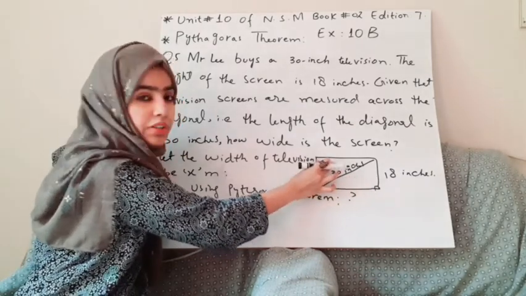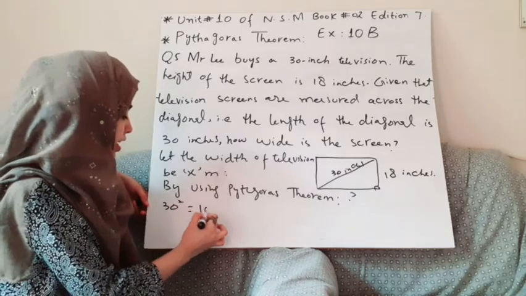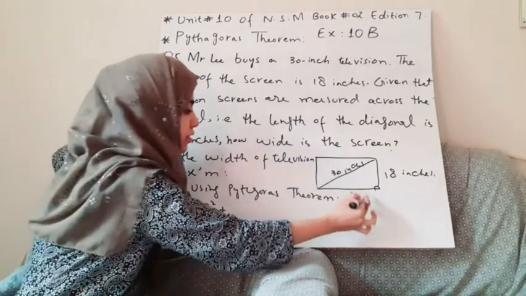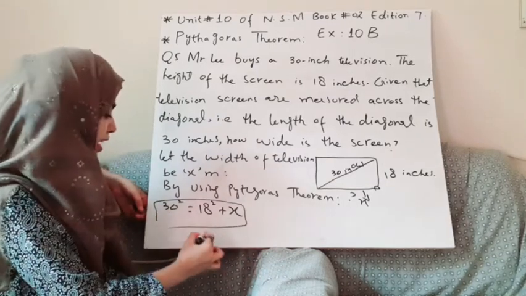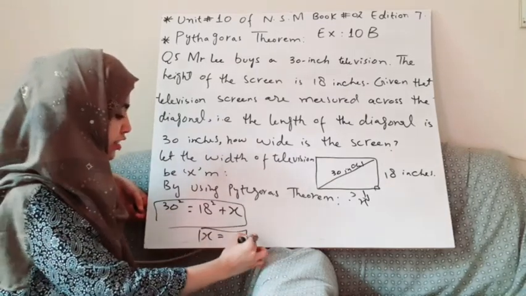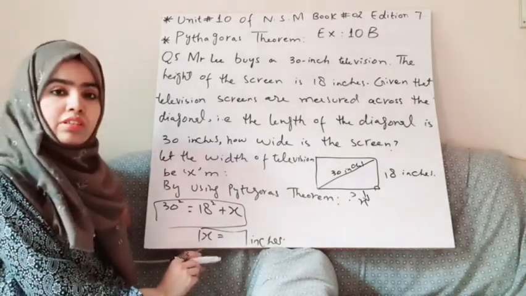The side which is opposite to the right angle, which is 30 square equals 18 square plus x, which we have assumed, and after solving it you will have x, which is in inches. So hope you can solve. Let's move on to question number 6.